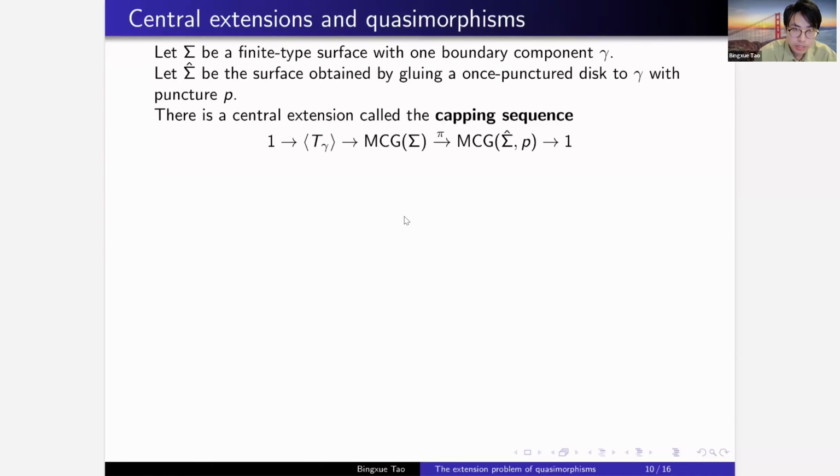Here T gamma is a Dehn twist around gamma, and this T gamma is the center of this mapping class group.